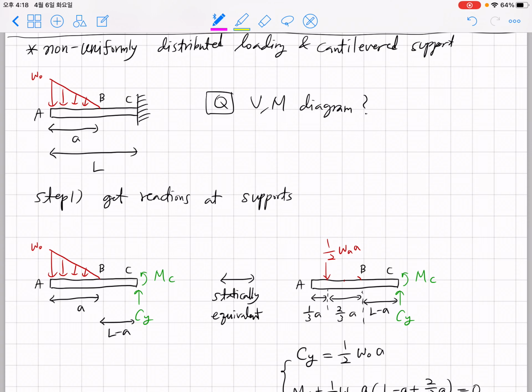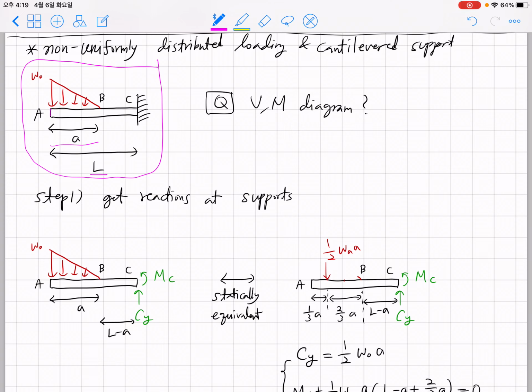So here the problem is relatively simple. We have a typical cantilever beam, and the length is L, and we have distributed loading over a length A from the left end. The left end is a free end, so at the free end there is no side wall, so M must be 0, and at the free end we don't apply any external force for this problem.